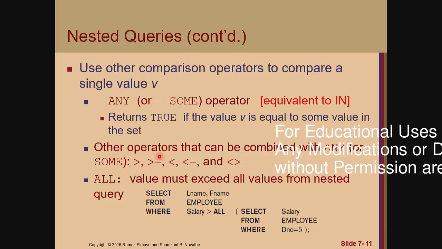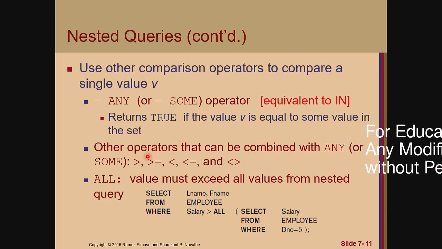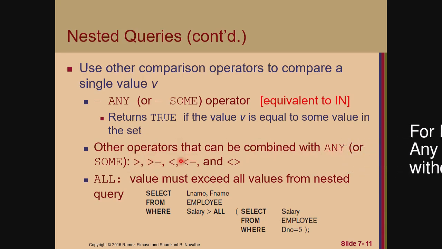And other operators that can be combined with ANY: greater than or equal, less than or equal, and not equal. And ALL here, value must exceed all values from the next query.